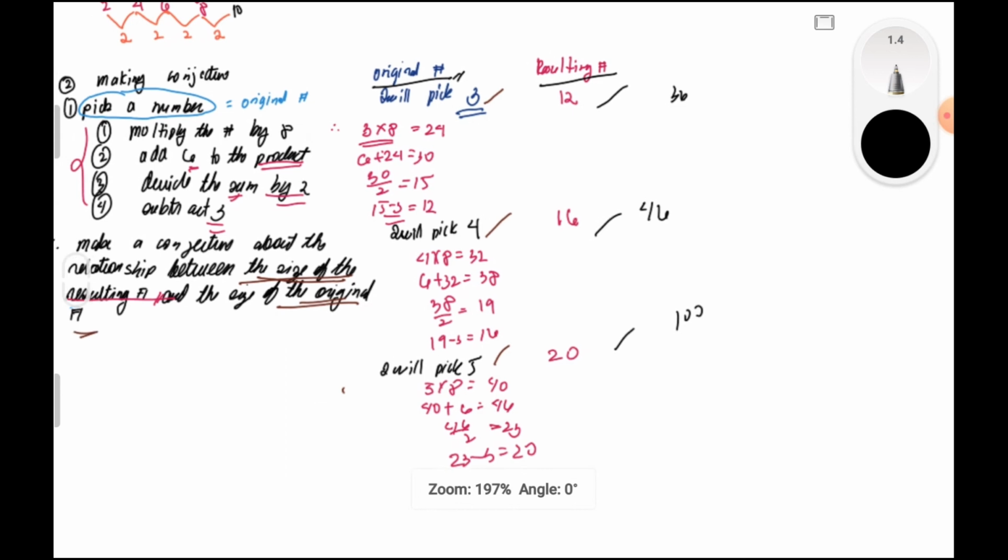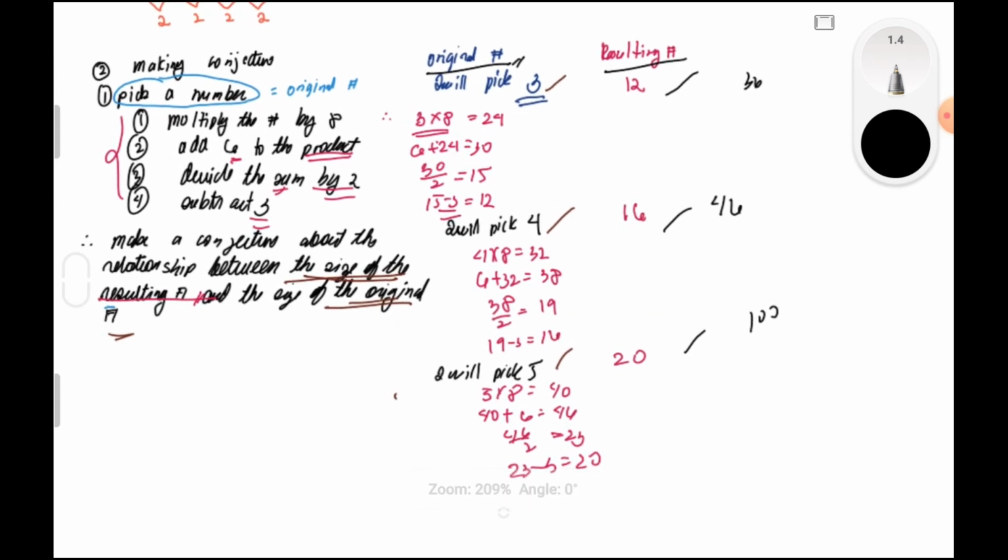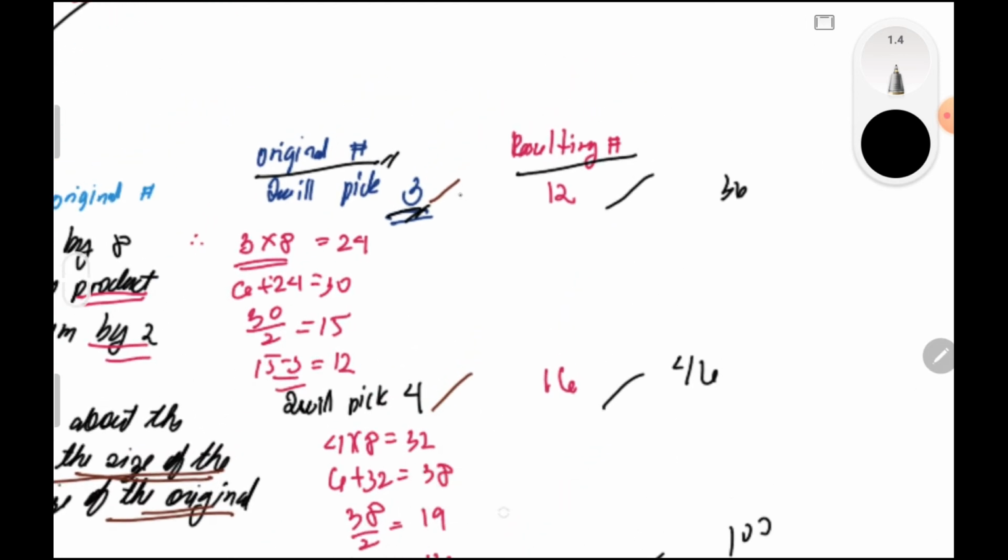So, the relationship between my original, okay, yung relationship ng original sa resulting number ko is resulting number is always 4 times the original number. Okay? So, yun yung pinakamagandang conjecture natin as the relationship between the original number and the resulting number.